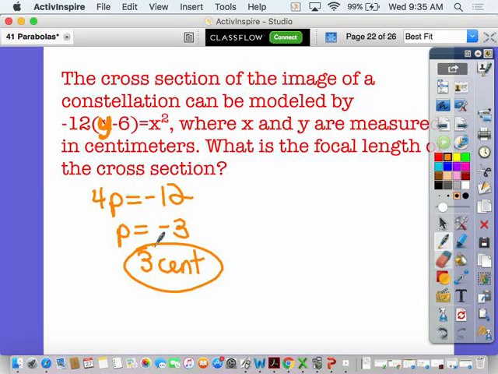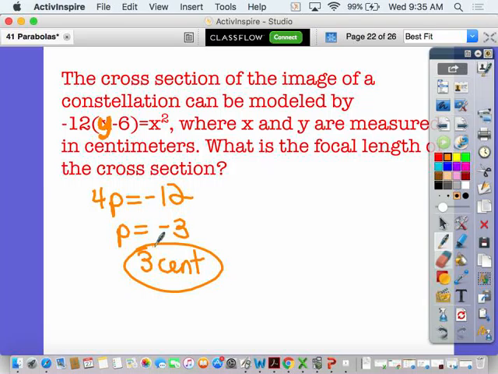You also had to be able to graph these parabolas. Are you able to do that? Yes. How would you do it? You'd use the vertex, directrix, axis of symmetry, and focus to graph your parabola, as well as plotting some x and y points.